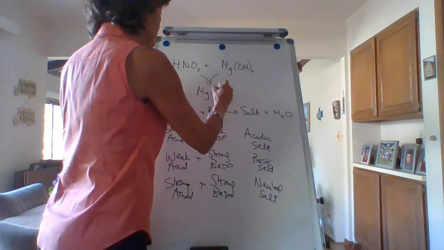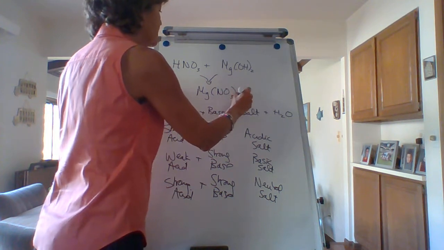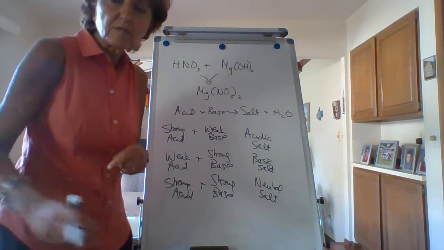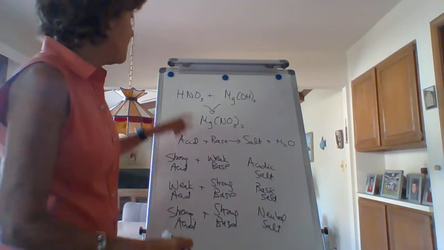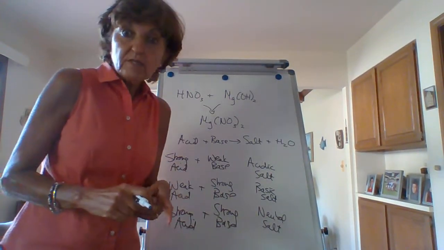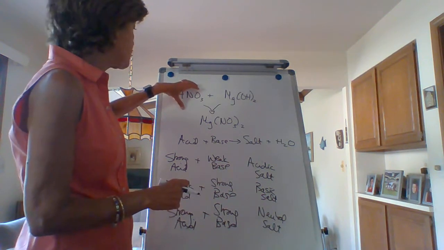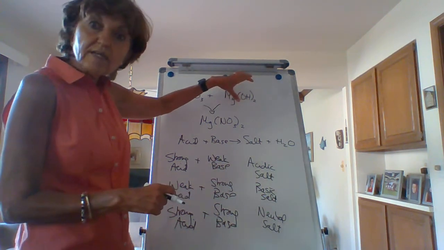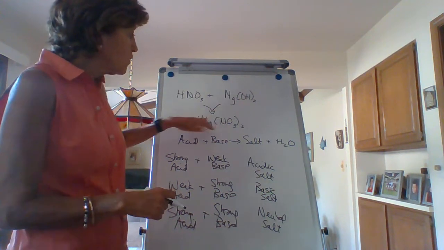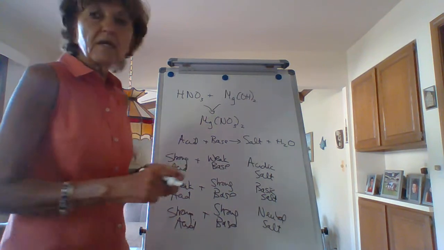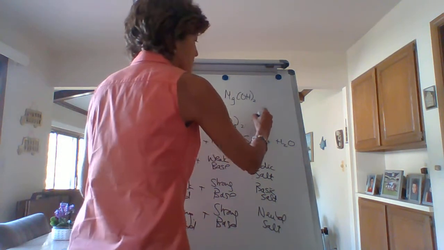Again, remembering nomenclature from previous chapters. Nitrate is -1, magnesium is +2. This is magnesium nitrate. So what type of salt is that? Nitric acid is one of the 7 strong acids. Magnesium hydroxide is not a strong base. So you end up getting strong acid, weak base. This is going to be an acidic salt. So this one is acidic.